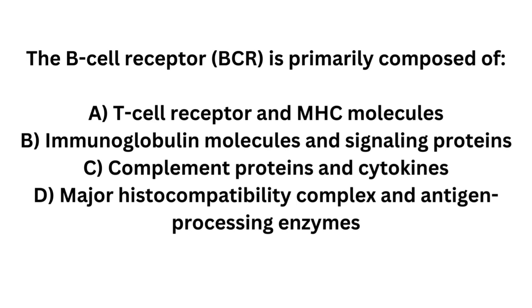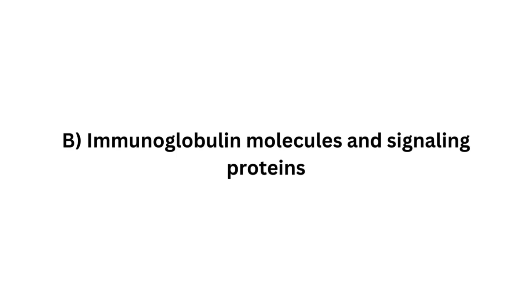CD19, CD21 and CD81. The B cell receptor is primarily composed of immunoglobulin molecules and signaling proteins.